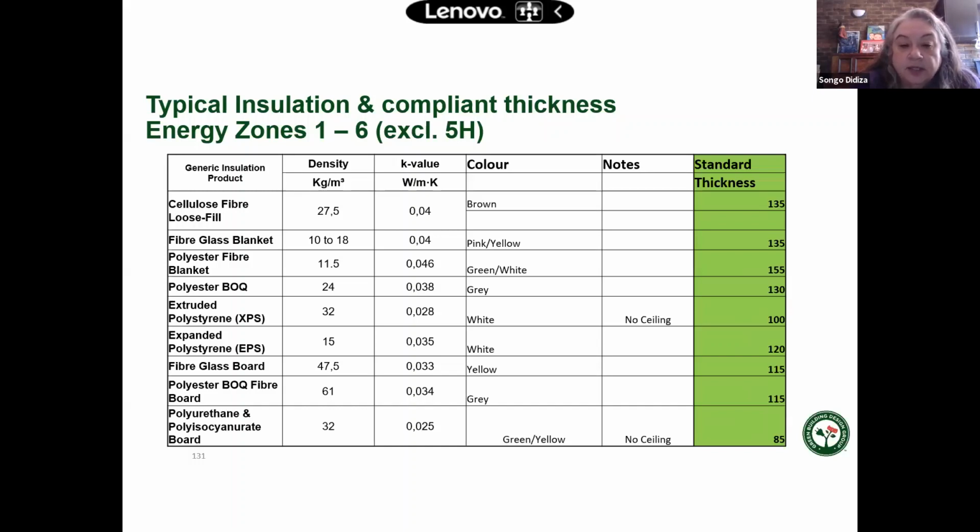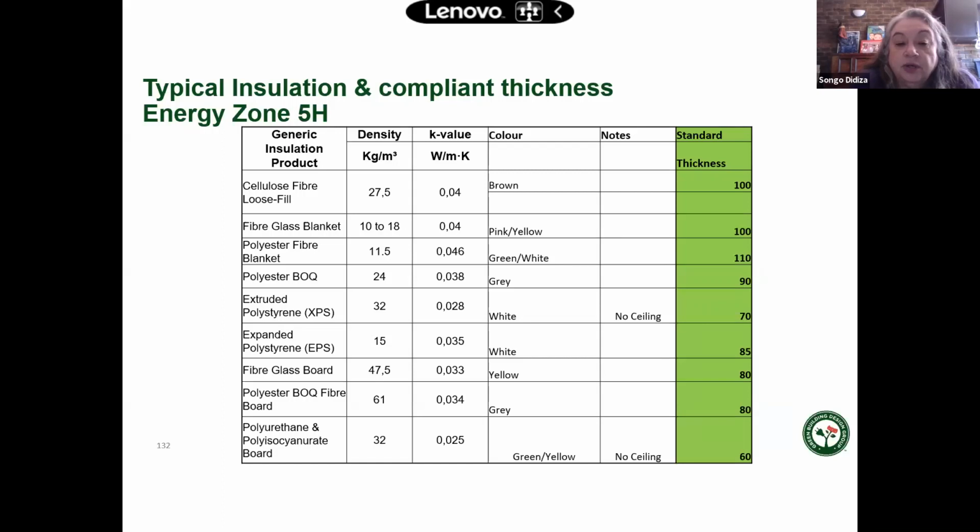The other thing you'll notice is with the extruded polystyrene, and with polyurethane and polyisocyanurate, I've added a note of no sealing. Now, why have I said no sealing? I don't know if you've come across extruded polystyrene. It's an isoboard type of sealing. They don't have a sealing board.